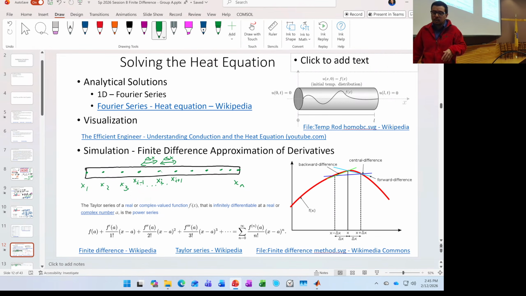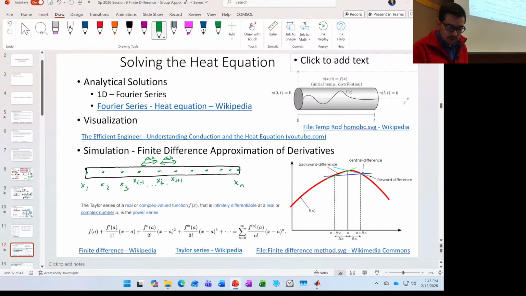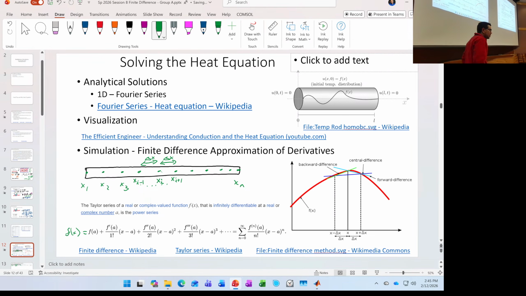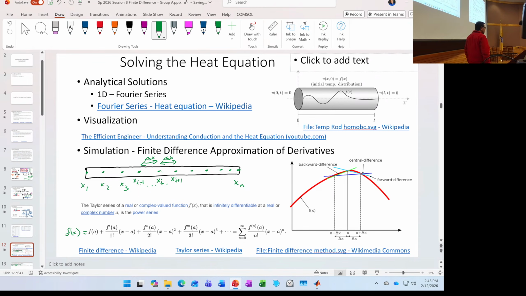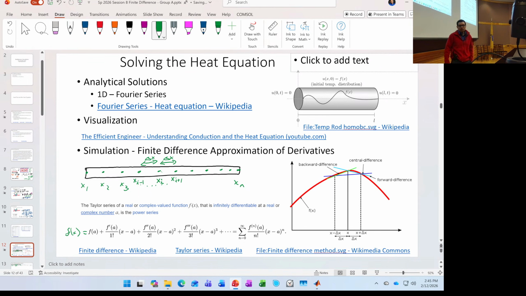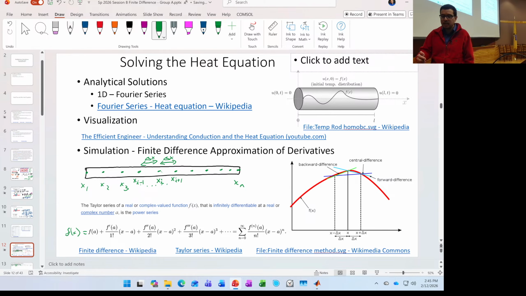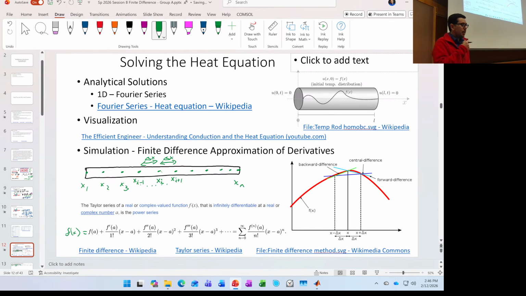And we more formally remember, which is a stretch, unless you're really in this field, the Taylor series expansion. We remember that we can approximate derivatives.